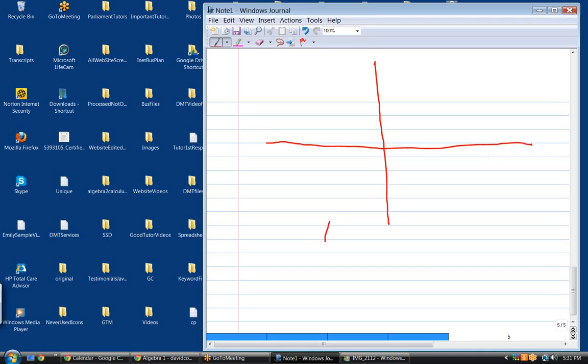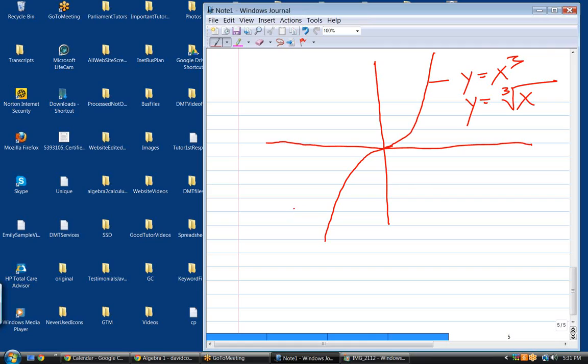Cube root function looks like this. That's a cube function. That's not a cube root function. That's y equals x cubed. The cube root function looks almost like that. It's the inverse of this.